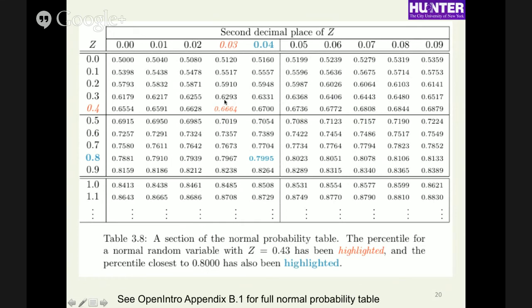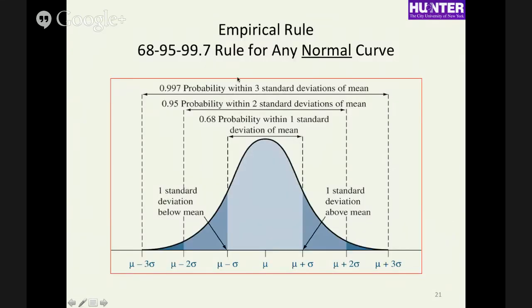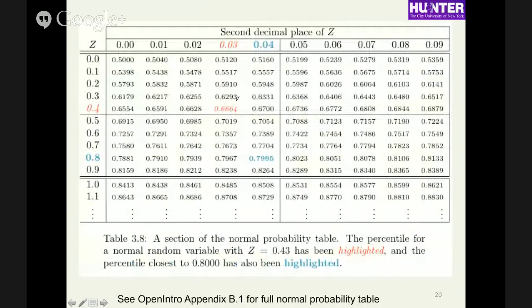So you add them together, and there it is. So if you didn't know whether this was the left tail probability or the right tail probability, what would you guess it is? So for 0.43, we're getting 0.6664.